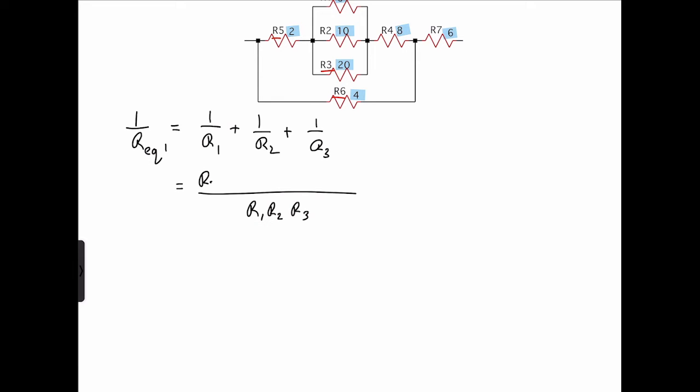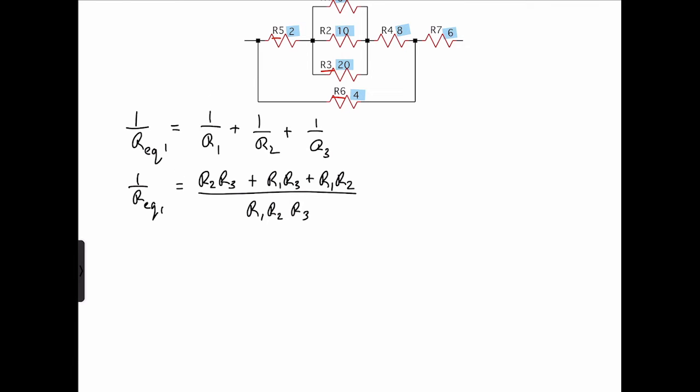So then we get R2 times R3 plus, we multiply this numerator by the common denominator, omitting just R2, so we're left with R1 and R3. Then R1, R3, multiply the numerator by the common denominator, omitting R3. So we're left with R1, R2. That's it.